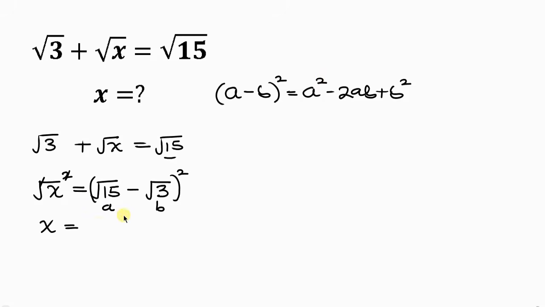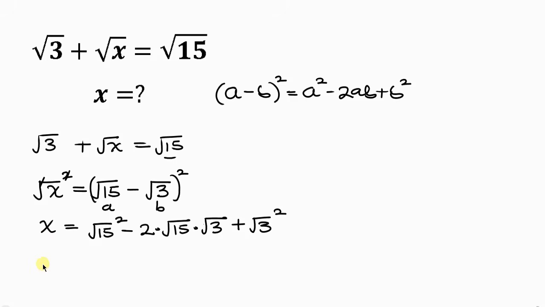So we have a squared, which means the square root of 15 squared, minus 2 times a times b, so minus 2 times a, a is the square root of 15, times b, the square root of 3, and then plus b squared, which is plus the square root of 3 squared.